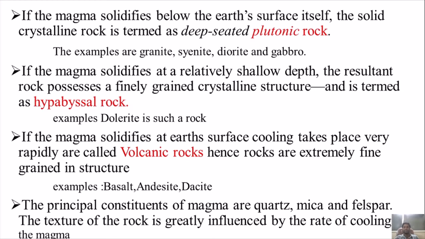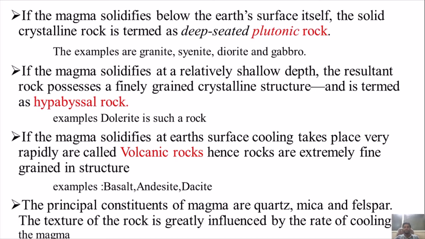The grain size will become very, very fine. When the magma comes out of the earth's crust, we call it lava. If lava cools very slowly, then the crystalline structure or grain size will be a little bigger compared to fast cooling. So that is how grain size comes about in your rock formation.